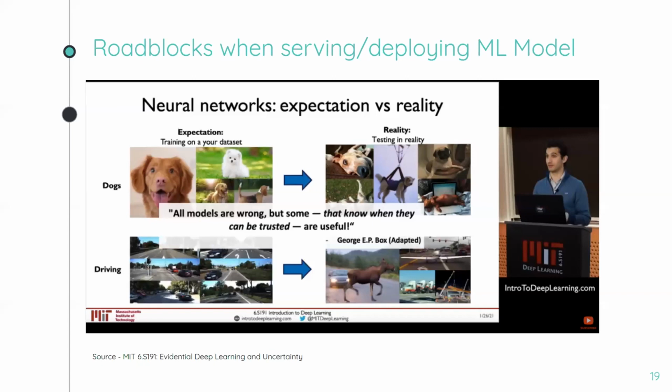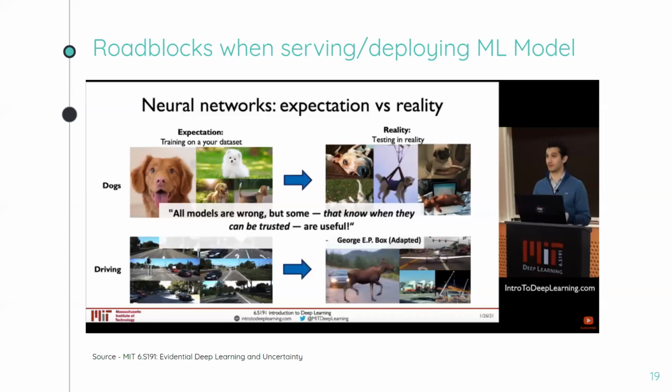For instance, this image was taken from a lecture at MIT, and you can see that during training they use very good images, but then when you make your model usable, people try to put in a lot of garbage and things like that, or very uncertain inputs.